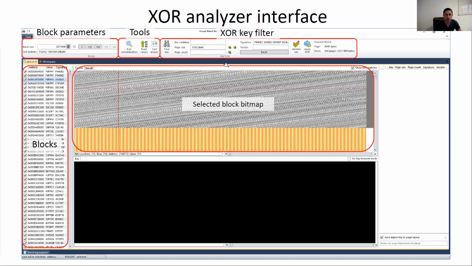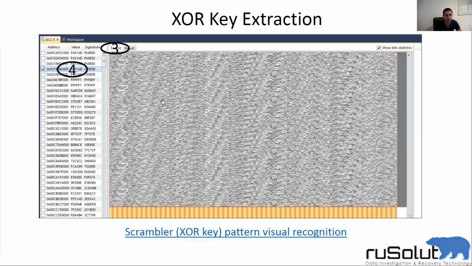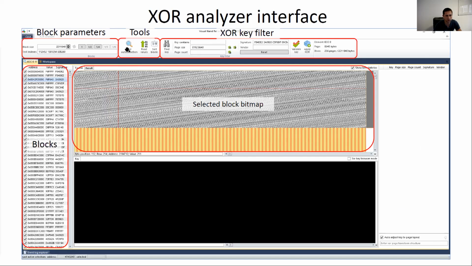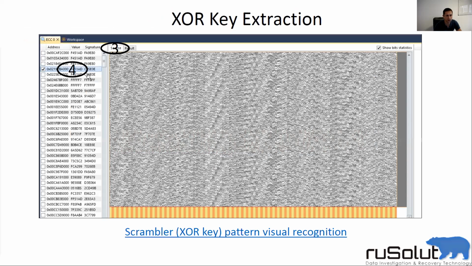So that's the XOR analyzer interface. And when we click this auto detection button, we'll get some result.